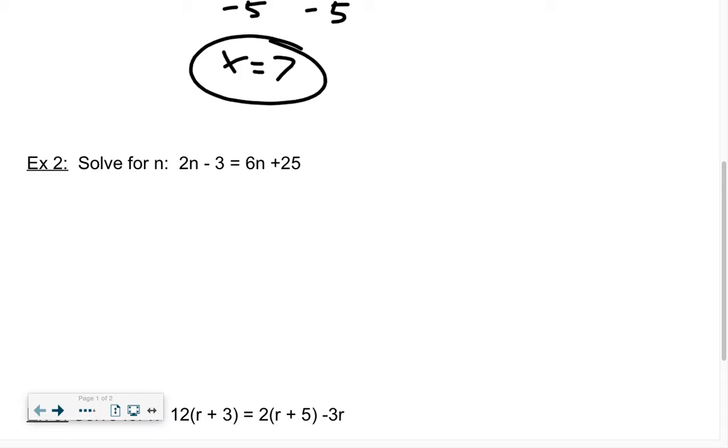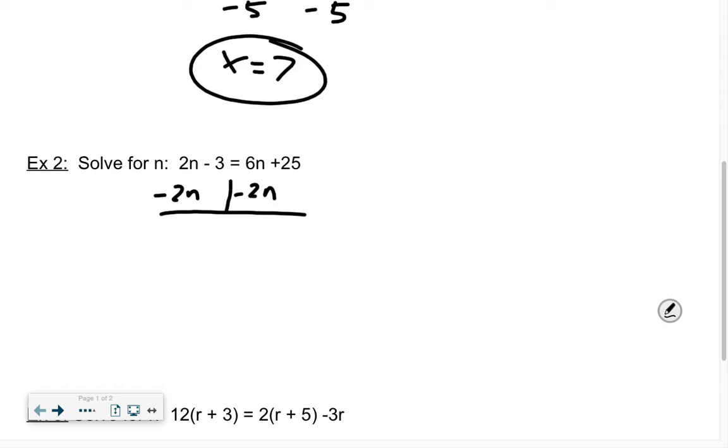2n minus 3 is equal to 6n plus 25. If you're getting better at these, you'd recognize that we want to move the 2n over to the right to avoid that negative n.